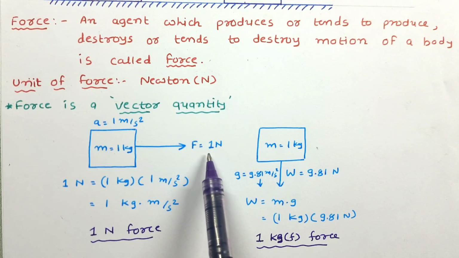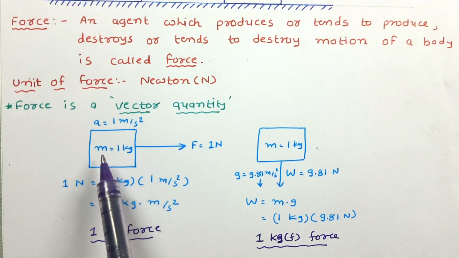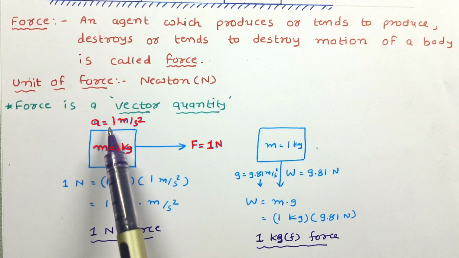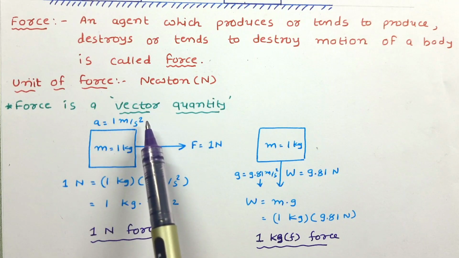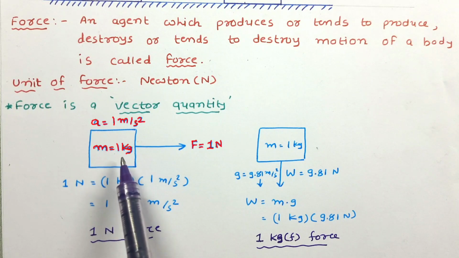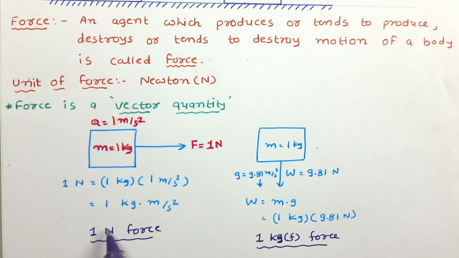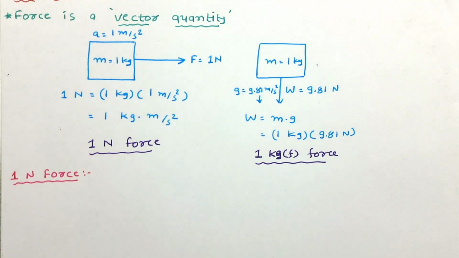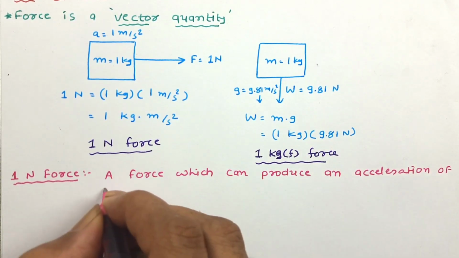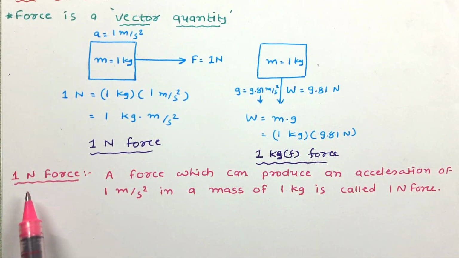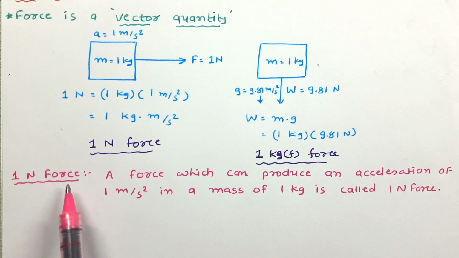So 1 Newton force is the force which can produce the acceleration of 1 meter per second square in a mass of 1 kg. So let us define it. This is the definition of 1 Newton force.